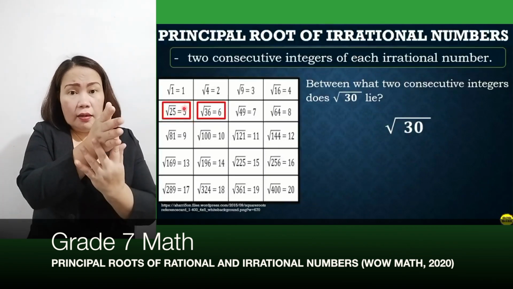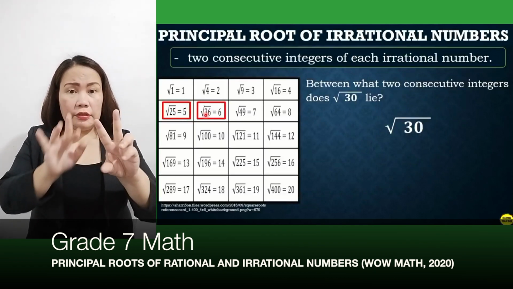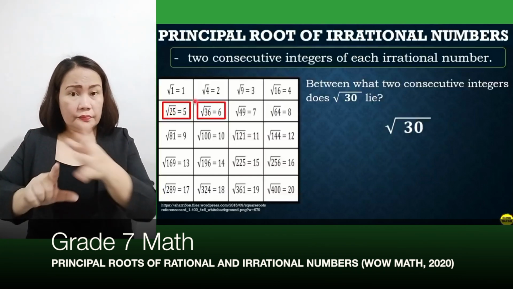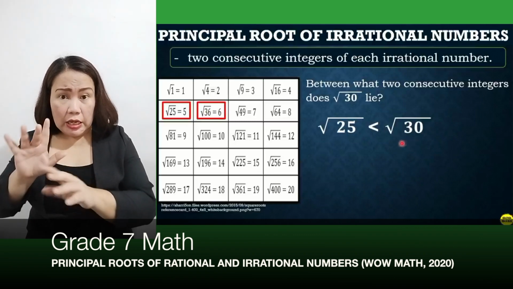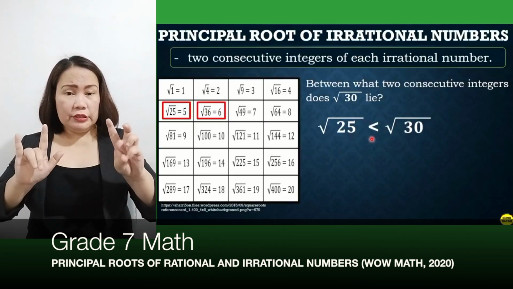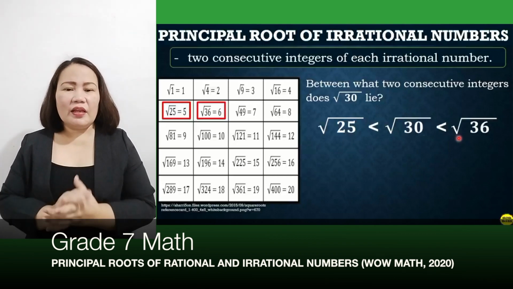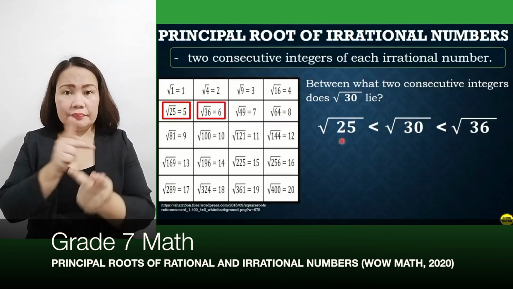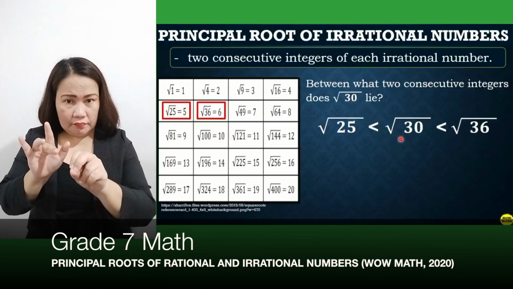We get the one lower than it and the one higher. So, square root of 30 is greater than square root of 25 but less than square root of 36. Let me repeat, we get the two perfect squares between which square root of 30 lies.